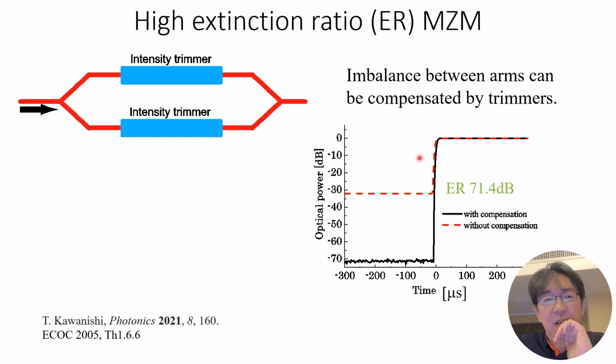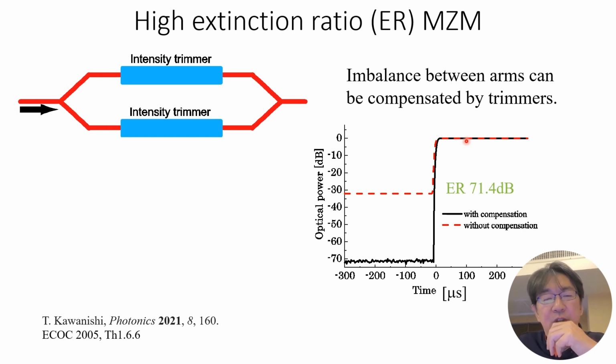So even in the off state, we would have some residual output. Typical output would be minus 20 dB or minus 30 dB with respect to the on state. We call it extinction ratio. For a conventional transmission system, an extinction ratio higher than 20 dB is good enough.